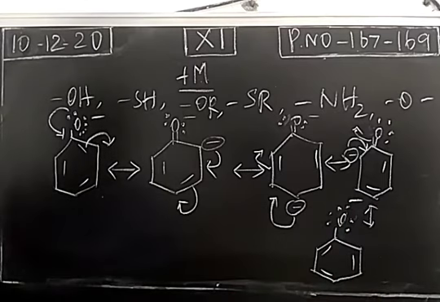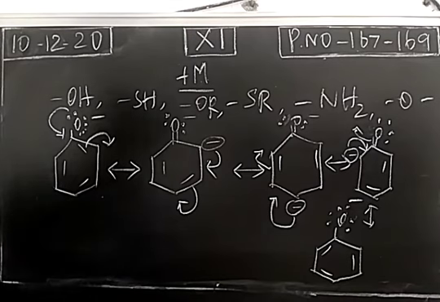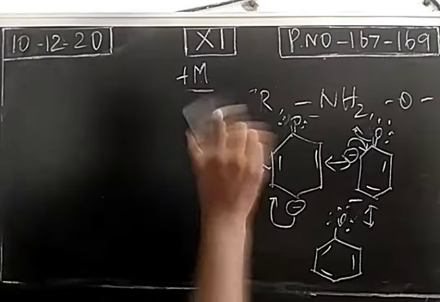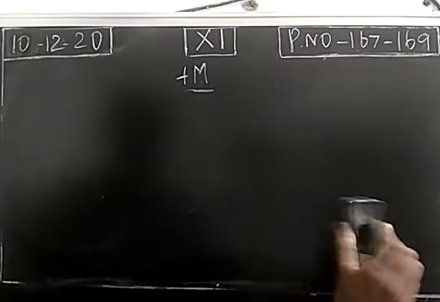So these are the canonical structures of the phenoxide ion. So this type of mesomeric effect is called a positive or plus mesomeric effect.